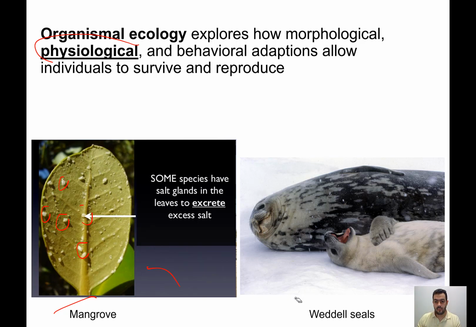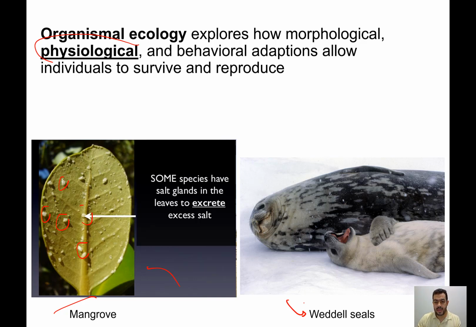The second example we are going to see is the Weddell seal, because as you know, they live in very extreme cold weather in Antarctica, and they are able to dive like 600 meters under the water level.